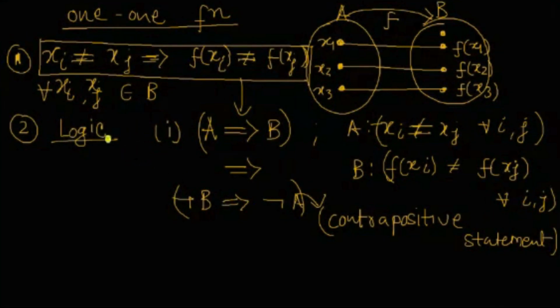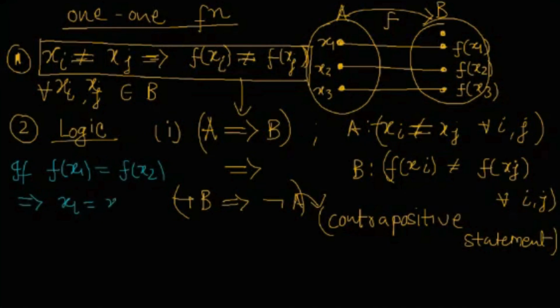So here you can say that sometimes it's difficult to prove f of xi is not equal to f of xj, given xi is not equal to xj. In this case, it sometimes becomes easier to prove that if f of x1 is equal to f of x2, then x1 is equal to x2. So this is the negation.